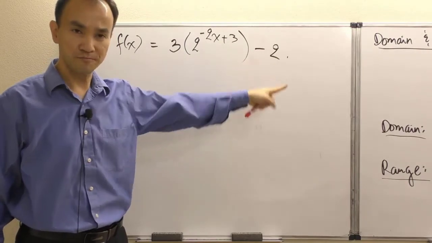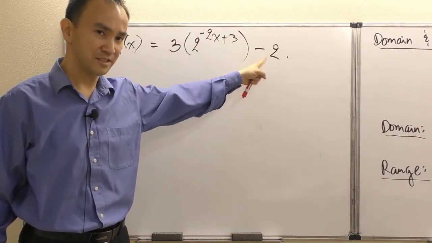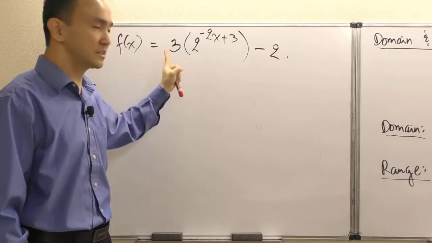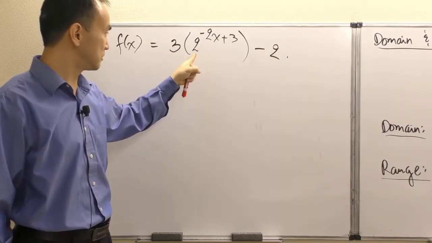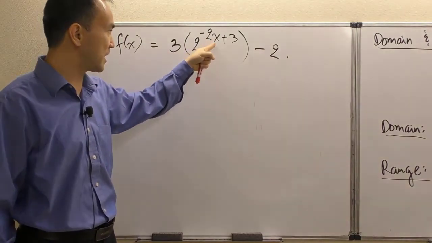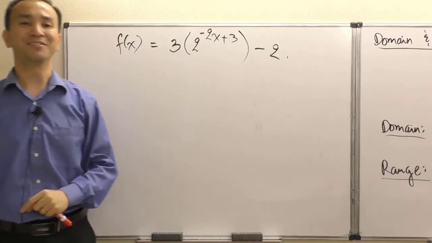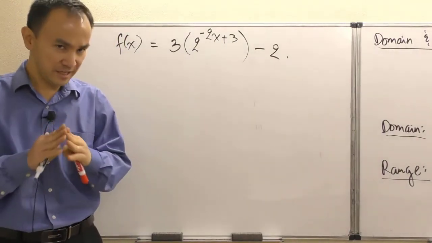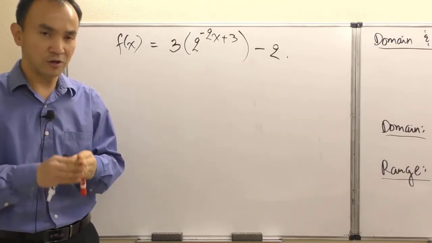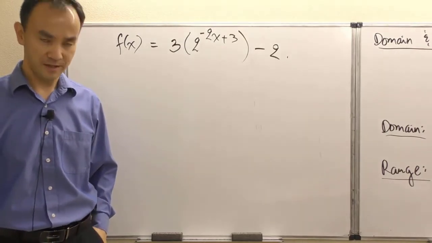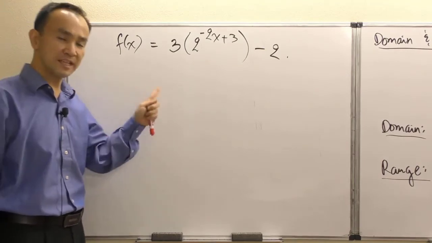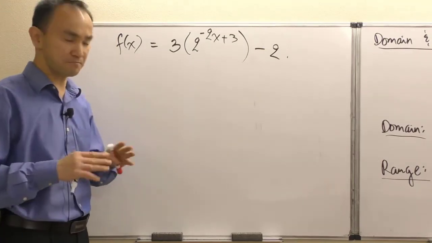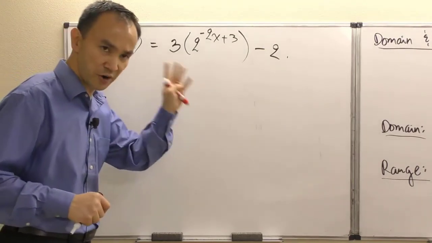Then minus 2, that's the k, plus negative 2. The 3 is our c, and this is our base a raised to the mx plus b. That's a very ugly, scary looking general exponential function. There we go. With something like this, we can find the domain and the range easily.